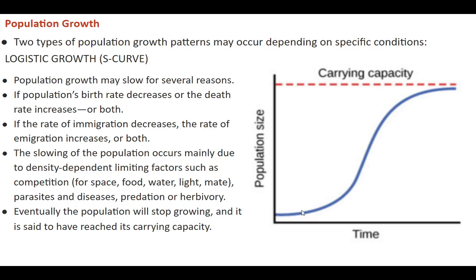That line was down here, but then all of a sudden something changed. Okay, and boom, the carrying capacity goes up, and so now we can have more, and slowly that number will increase until it approaches the carrying capacity, and then it levels off again.